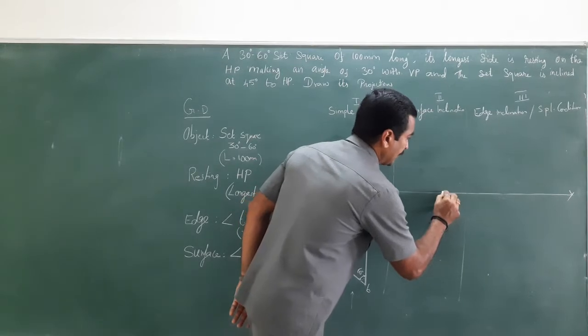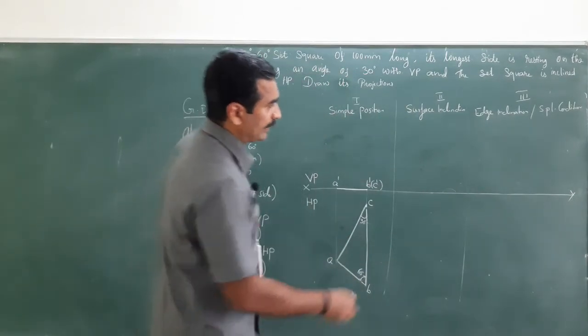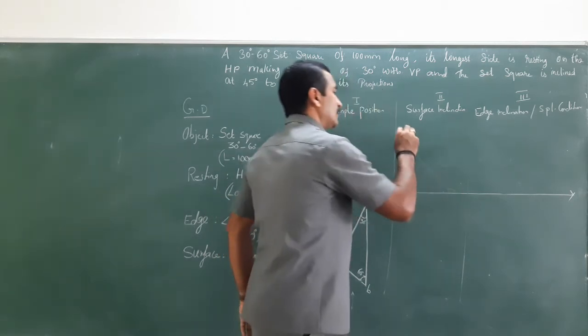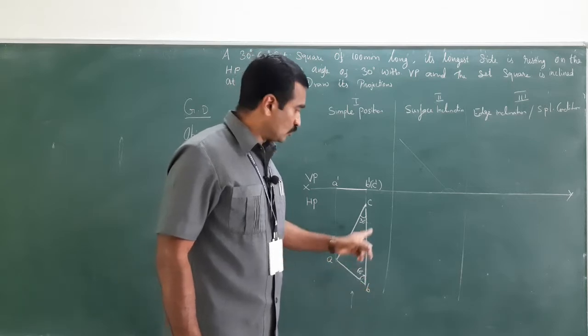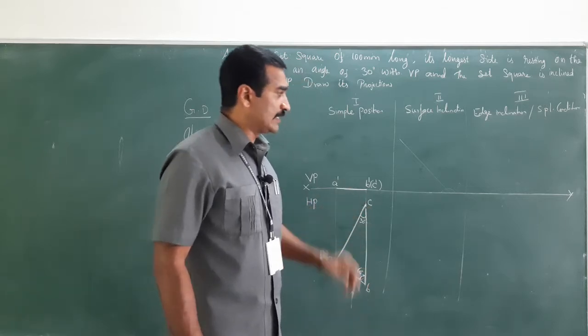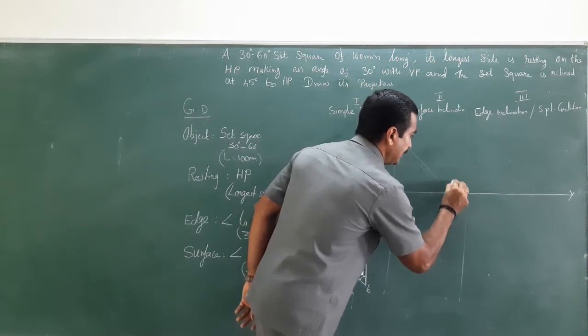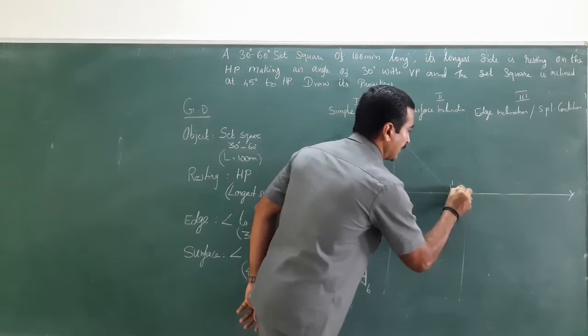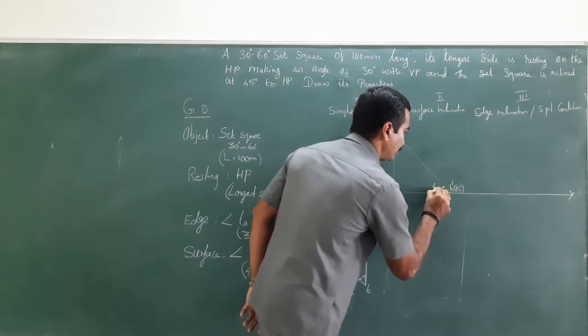Now choose a point and keep your protractor in this manner. The surface is inclined 45 degree. Draw a 45 degree line. How it is resting? With one of the longest side, CB is resting here. So this could be B1 dash and C1 dash within the brackets. This angle is 45 degree.